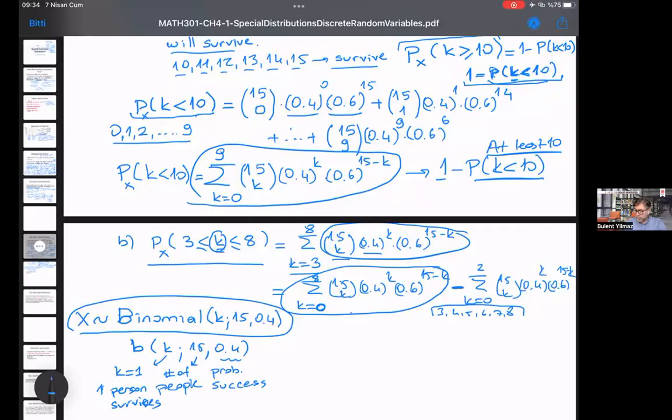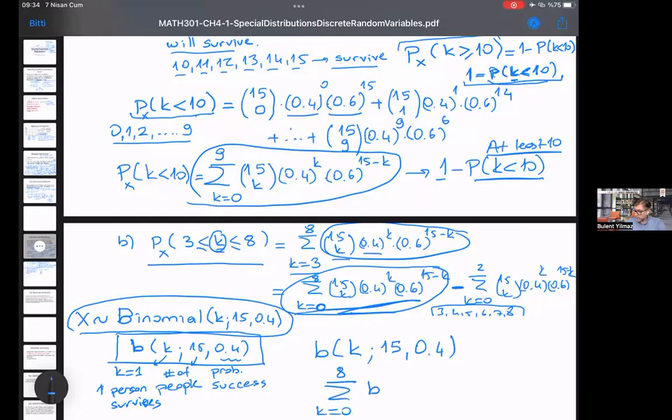So this will be the notation that we can use for binomial distribution. B, I'm interested in K, number of people survives, and then there are 15 people in total, and the probability is 0.4. So I can write this like that. K from 0 to 8, B, K, 15, 0.4. This will be equal to this one. Okay? When you write, you can use this one.